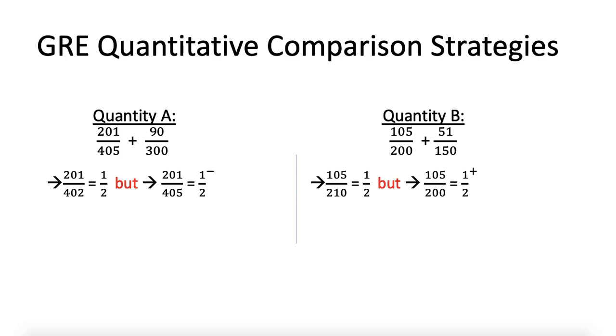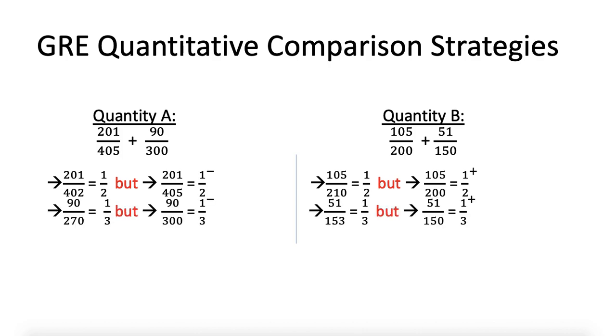Now let's see the other part, that is 90 by 300 and 51 by 150. If I have 90 by 270, 270 is thrice of 90, so I will have 1 over 3. But instead in the denominator I have 300, which is greater than 270, so our value is less than 1 over 3.